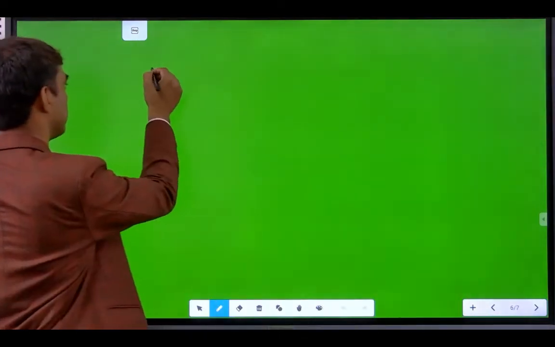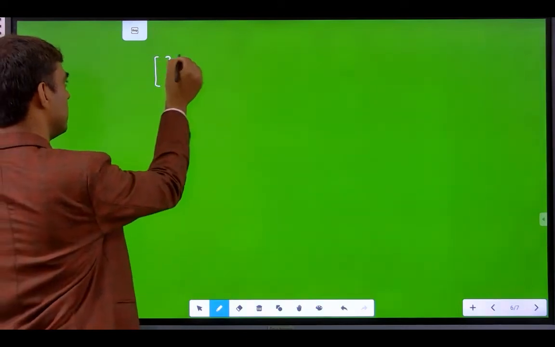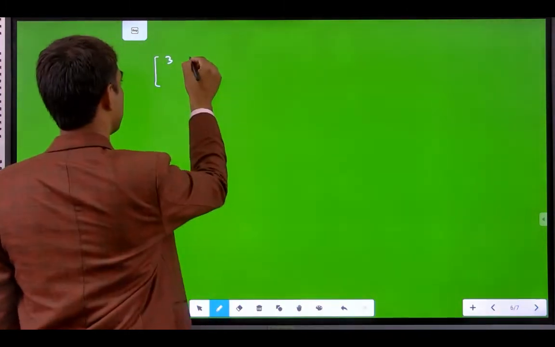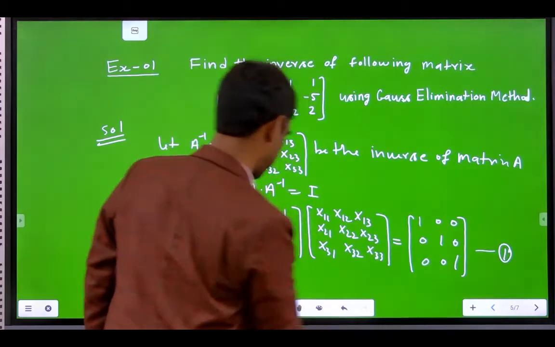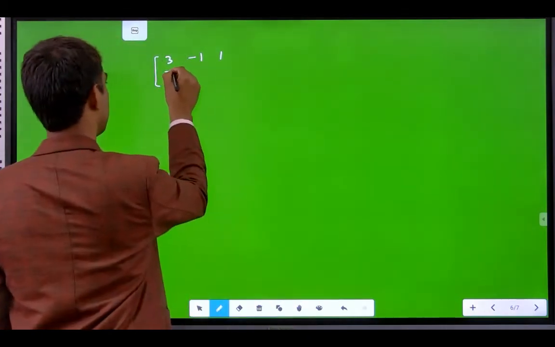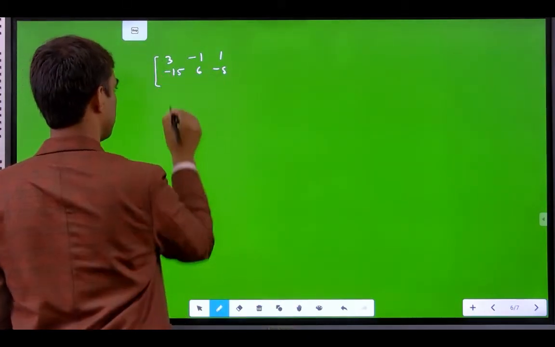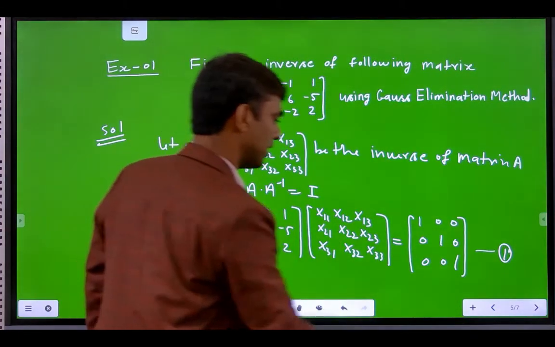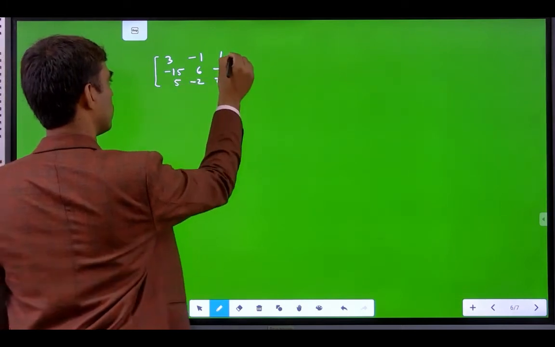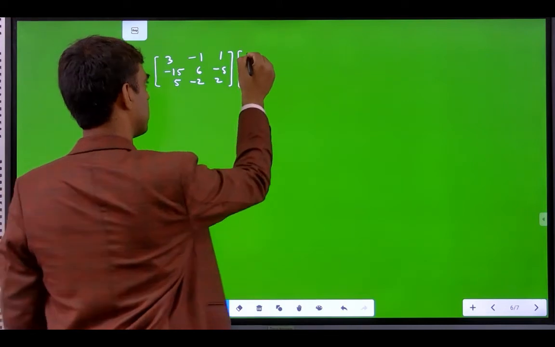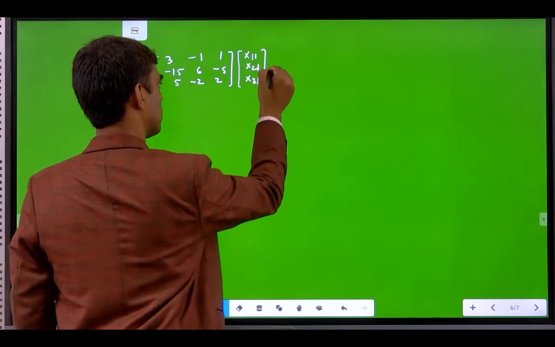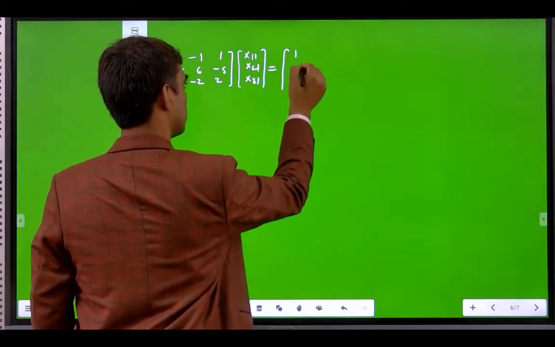Here we write the first system: the matrix [3, -1, 1; -15, 6, -5; 5, -2, 2] times [x11, x21, x31] equals [1, 0, 0].